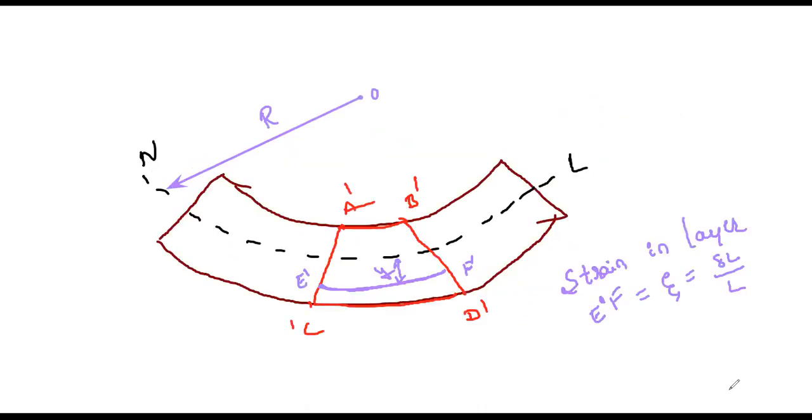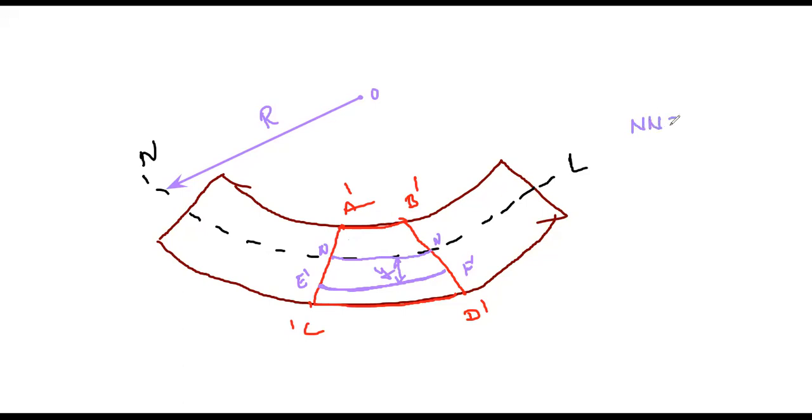How to determine E dash F dash here? First I need to calculate NN, the neutral layer.